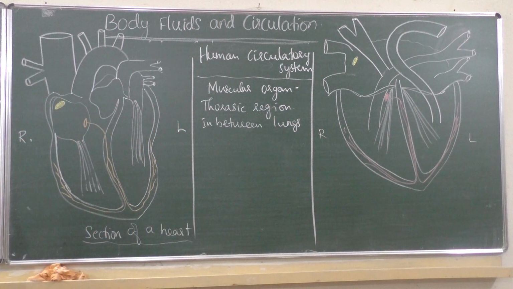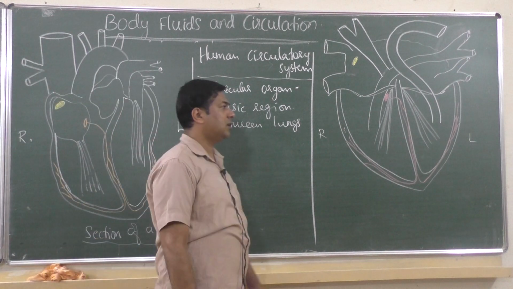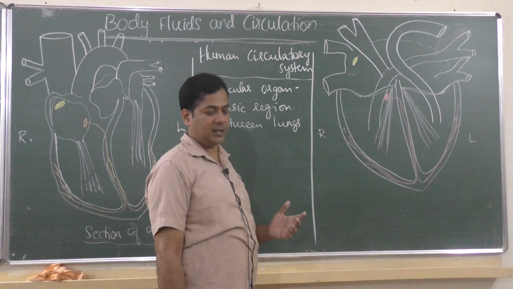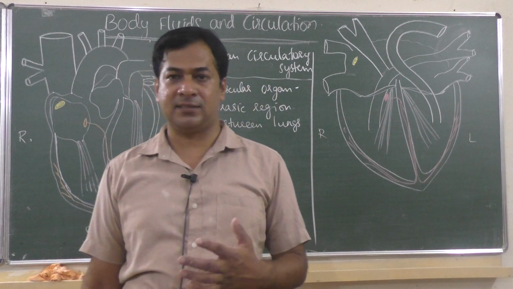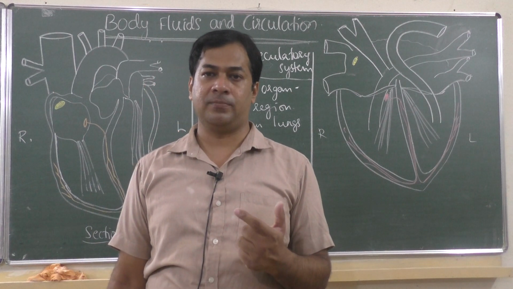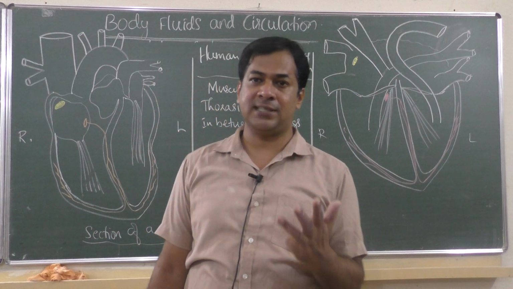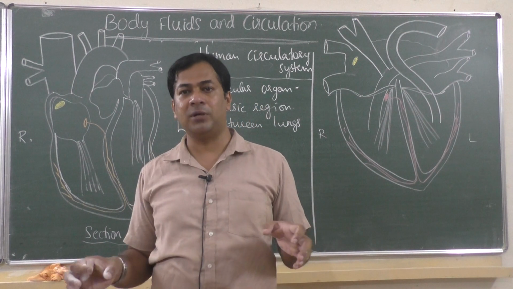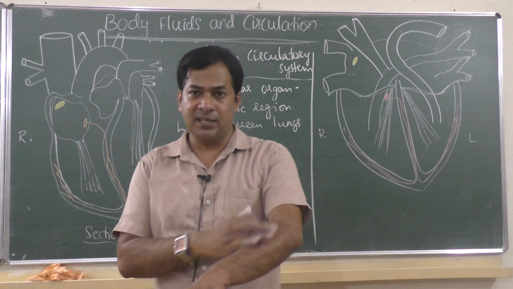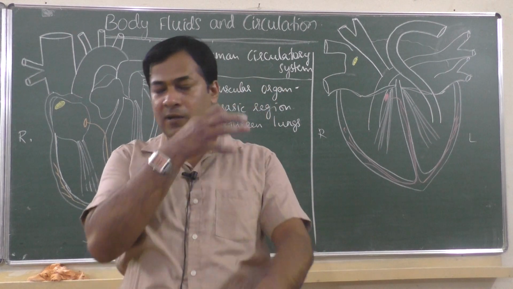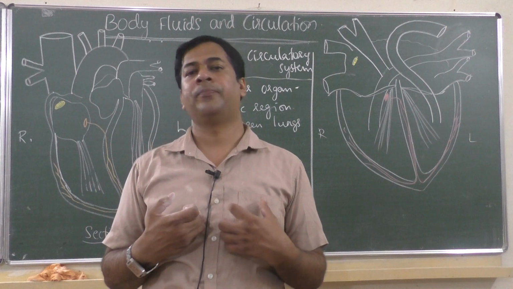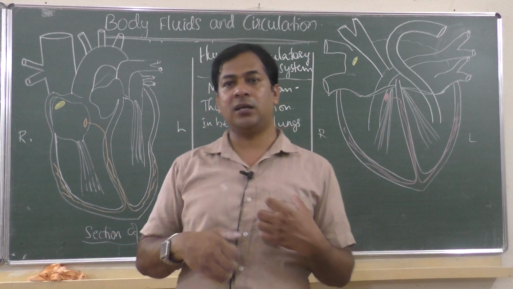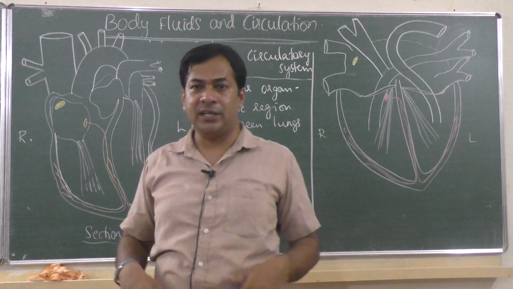Okay, so from which layer is it originated? Like in Animal Kingdom chapter you have learned that there are three layers, no? Ectoderm, endoderm, mesoderm. Outer layer is called ectoderm, that is cells arranged in the outermost layer in animals, in human beings. That is skin is ectoderm, the outermost layer of the body. Then the innermost layer is called endoderm, that is the inner wall of stomach, intestine, all that.